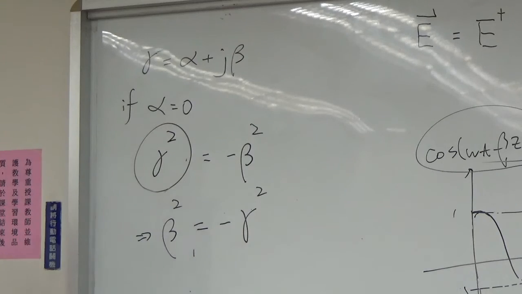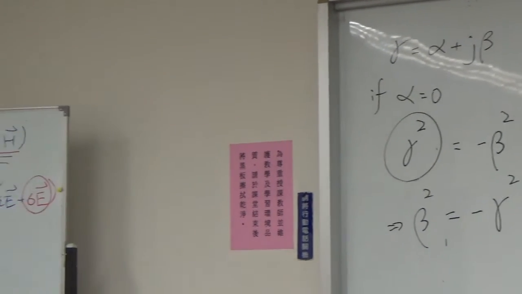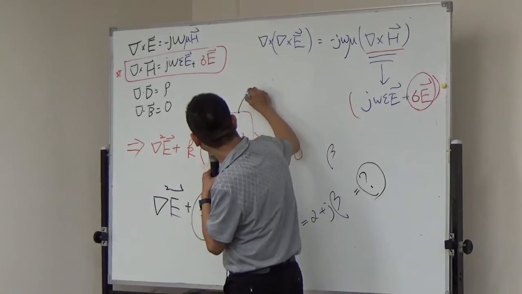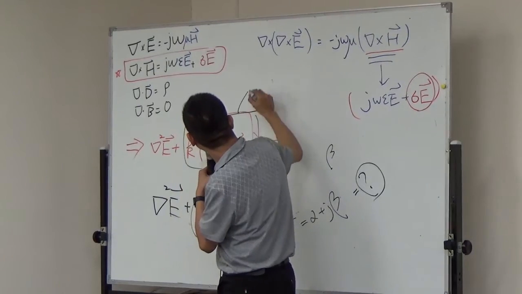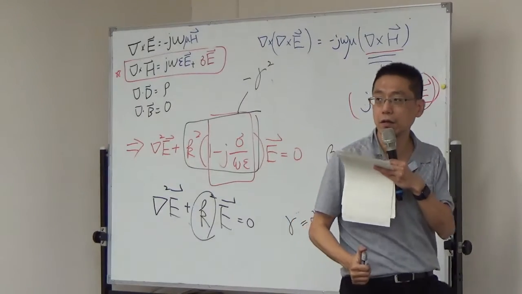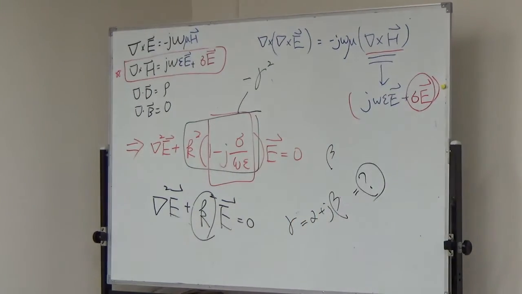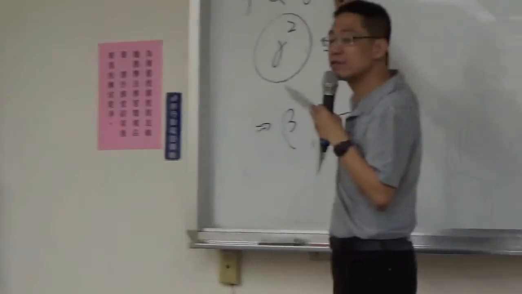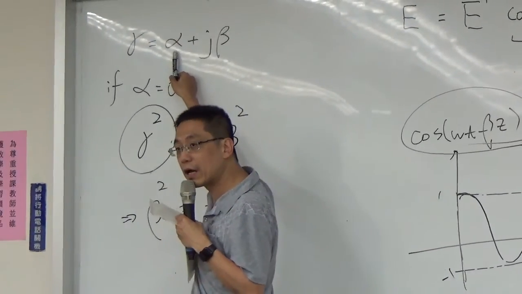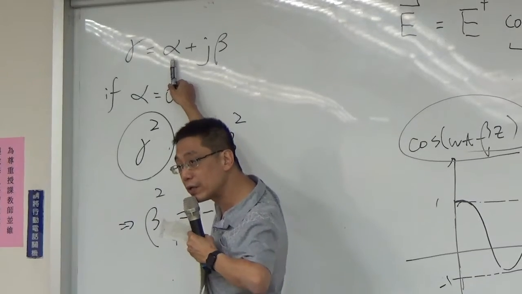So it was beta square, this one. According to this relationship, you need to change this whole term to minus gamma square, not just gamma square. You need to think because of this j. This is a condition different, alpha is 0 or not, and we want to maintain the same relationship.